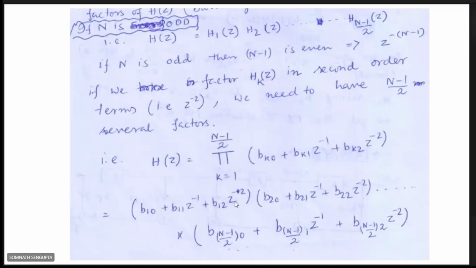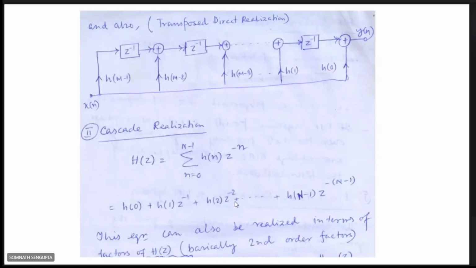So once H(z) is given, you have to represent H(z) as a product of some smaller stages, smaller polynomial transfer functions, like H(z) is equal to H1(z) into H2(z), H3(z), like that. So how will we do it?